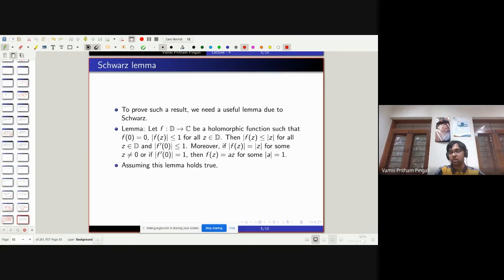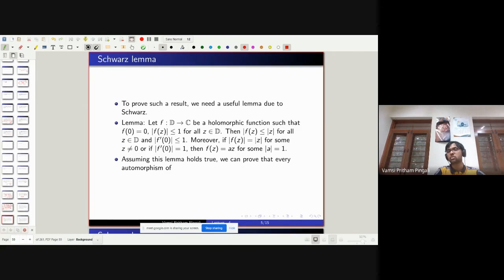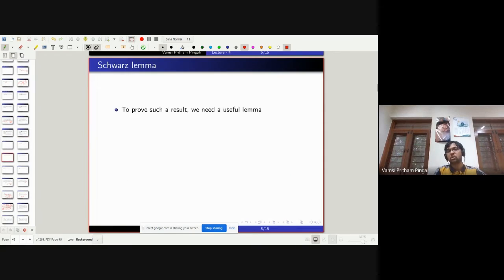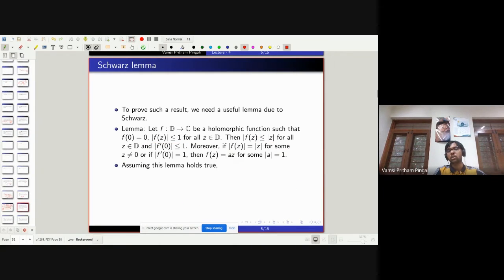Assuming this lemma holds true, we can prove that every automorphism of the unit disk is a Mobius map. What is our goal? Why did we start discussing Schwarz's lemma? Because we wanted to answer this question in the affirmative. Okay. So how does one prove this assuming Schwarz's lemma?